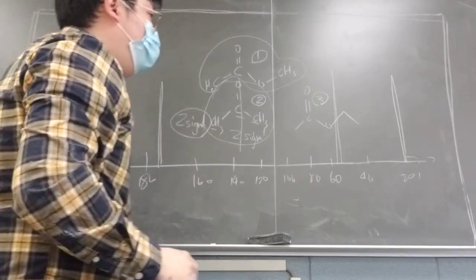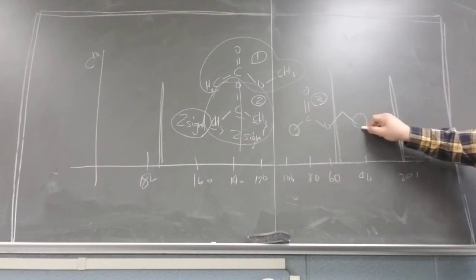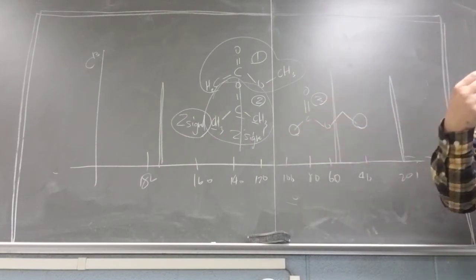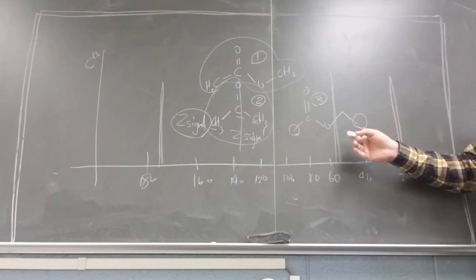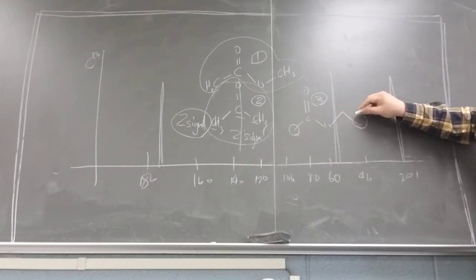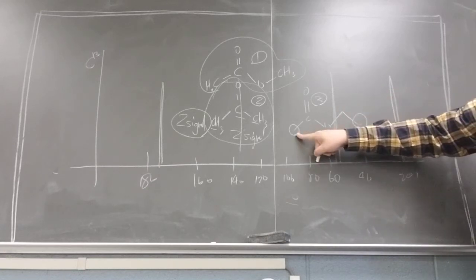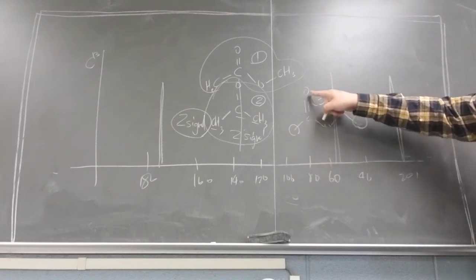Okay. So this will have 2 signals. This one has the terminal here, but chemical environment wise, these 2 are not in the same position, because this terminal carbon is attached to the intermediate carbon that is attached to the oxygen, and that is the carbon attached to the carbonyl group.